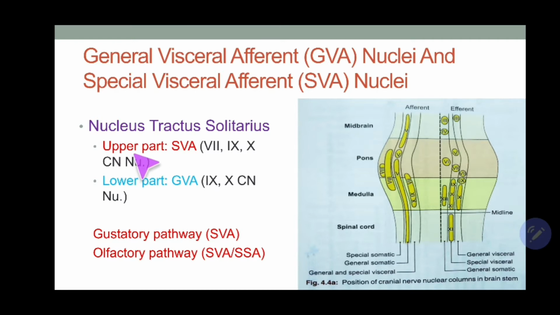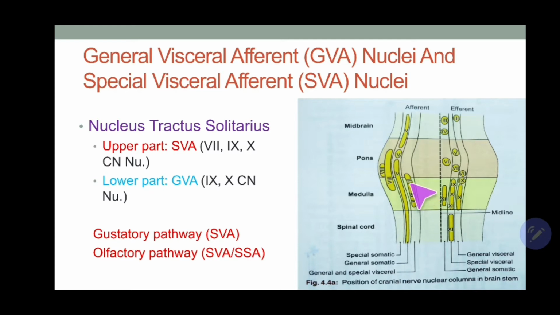This way you can remember that the upper lying nucleus of this functional column will be special visceral afferent, while the lower one is for the general public. Lower seats are always for the general public. So the lower portion of the nucleus tractus solitarius will be the general visceral afferent nucleus. Got it?